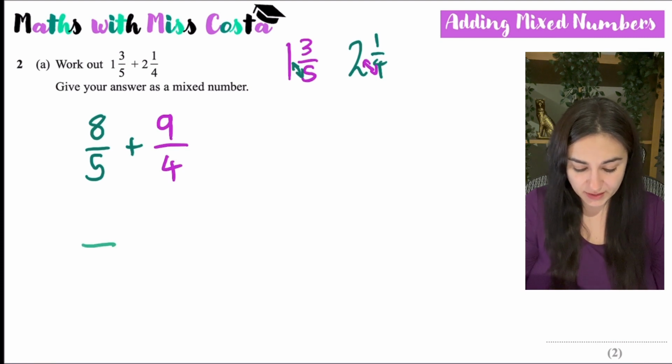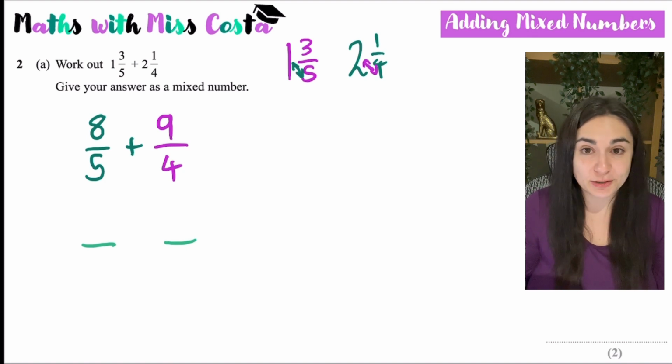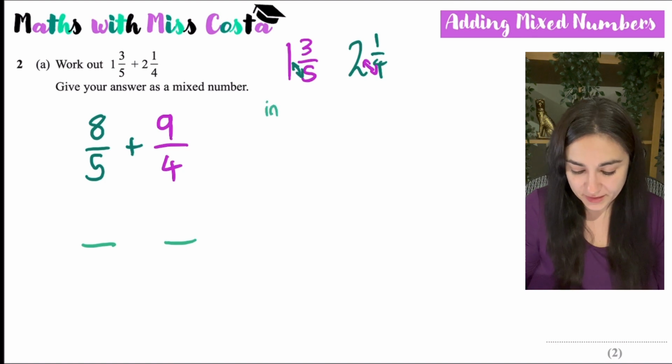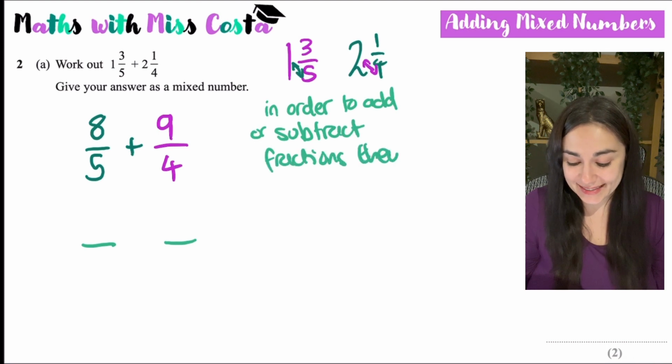And what I want to do, in order to add or subtract fractions, this is basic fractions, algebraic fractions, all fractions, in order to add or subtract fractions, they need to have the same denominator.